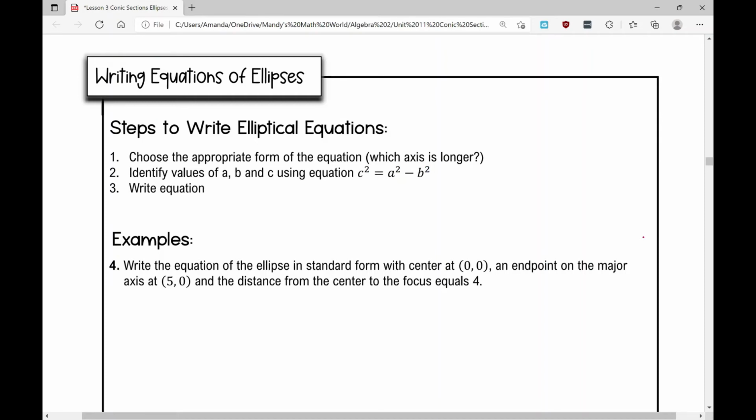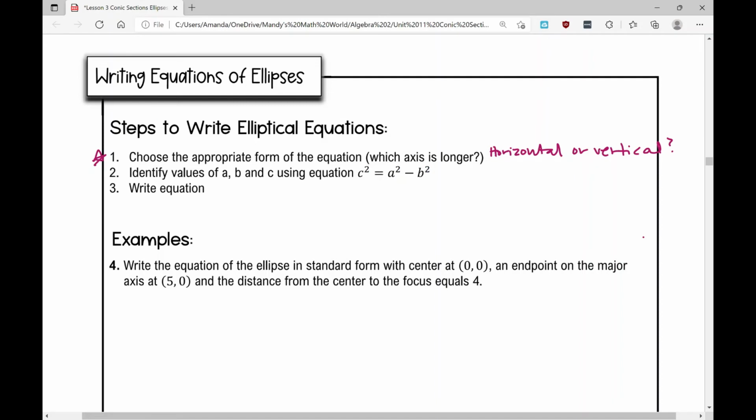But the first thing that I want you to do when you're writing an elliptical equation is choose the appropriate form of the equation. Which axis is longer? Is this horizontal or vertical? And then remember, if it's horizontal, a squared goes under whichever axis is bigger.